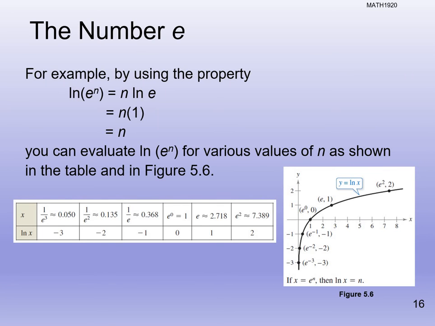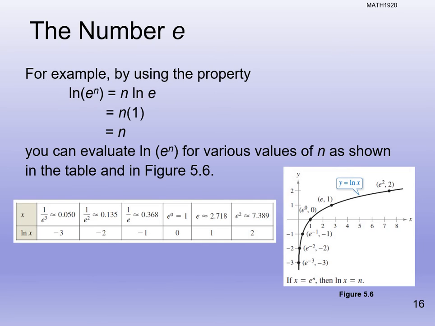And we can see how e works out here on the graph. If we have e to the negative first, e to the negative second, e to the negative third, you approximately see the values that we're getting. If we have e to the 0, it's 1. E to the first is 2.7, that's e itself. And then we can see how it grows and where it lies on the graph of y equals natural log of x and how everything's related.